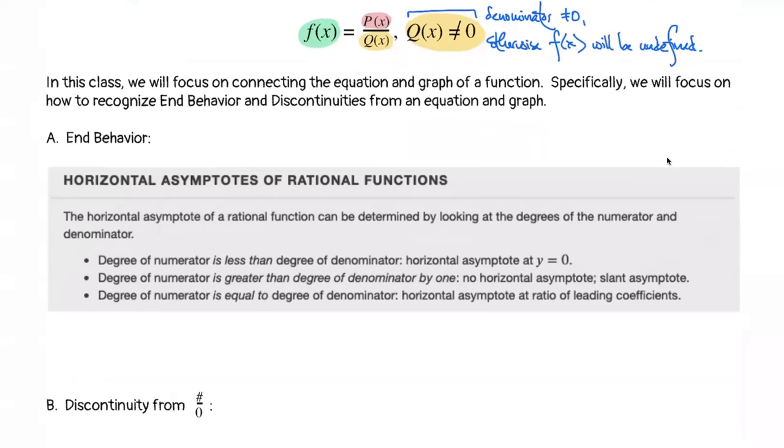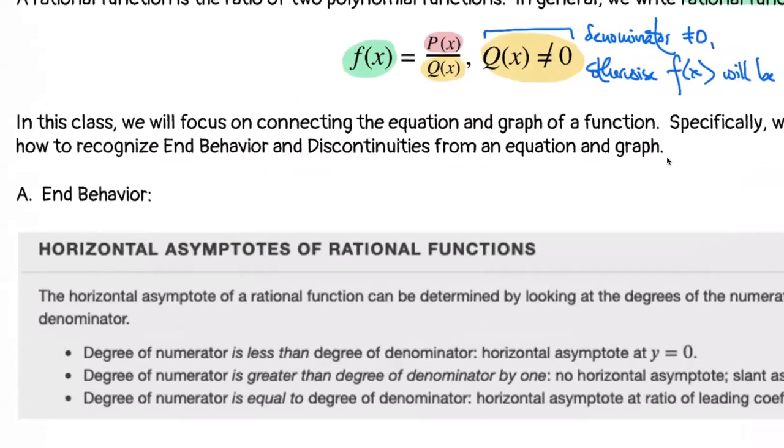All right, so end behavior. Let's think about end behavior. If we think about a polynomial, what were our options for end behavior?